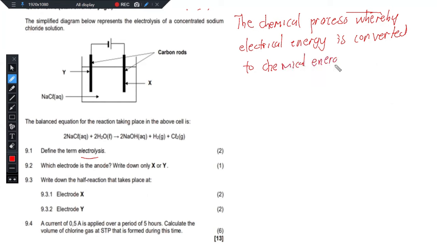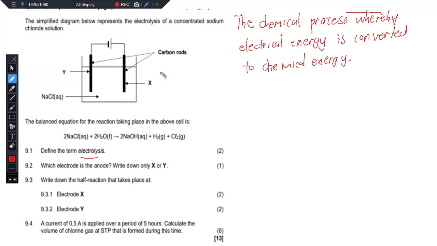Right, to chemical energy. That's it. So the chemical process whereby electrical energy is converted to chemical energy. Okay, then 9.2 says which electrode is the anode?